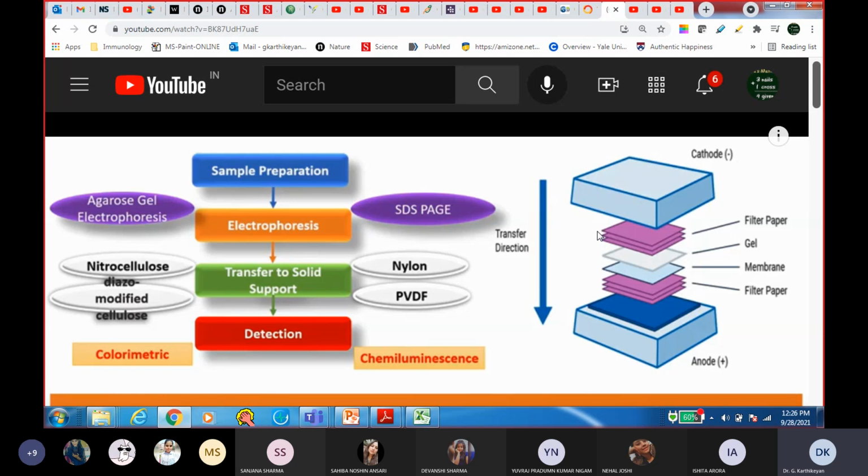Okay, all the migration is from the negative pole towards the positive pole. Okay, typically what happens is even with proteins, because you're running it on SDS-PAGE, sodium dodecyl sulfate uniformly gives a negative charge to all the proteins, so they all will migrate towards the positive pole, or anode. Okay. So this is a gross overview, okay?